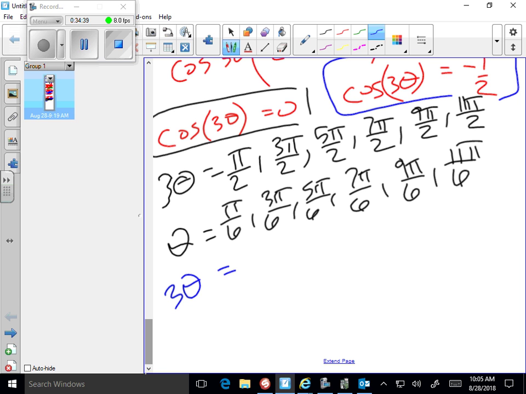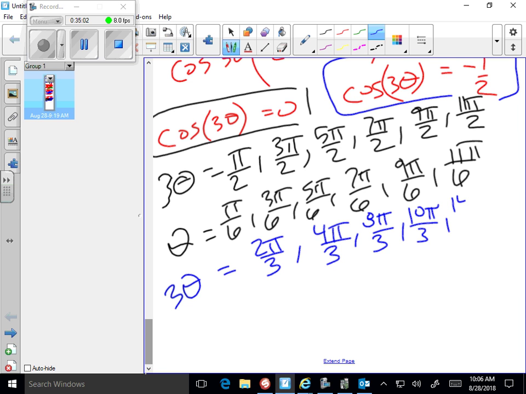No. That's when sine is equal to plus or minus 1/2. 2 pi over 3, 4 pi over 3. And I add 2 pi to each of those, and I get 8 pi over 3, and 10 pi over 3, and 14 pi over 3, and 16 pi over 3.